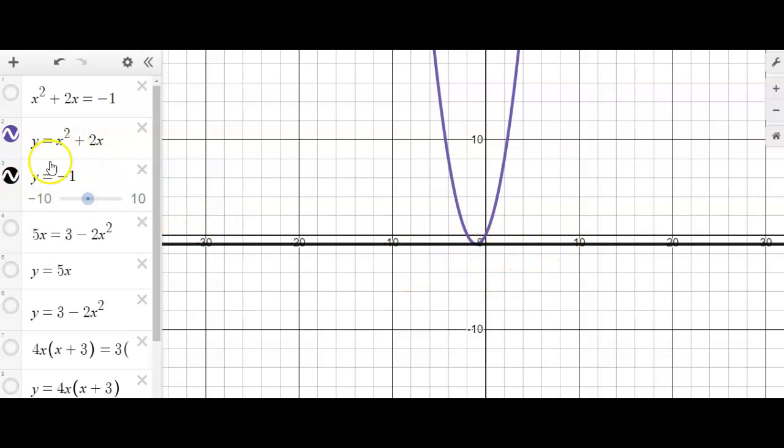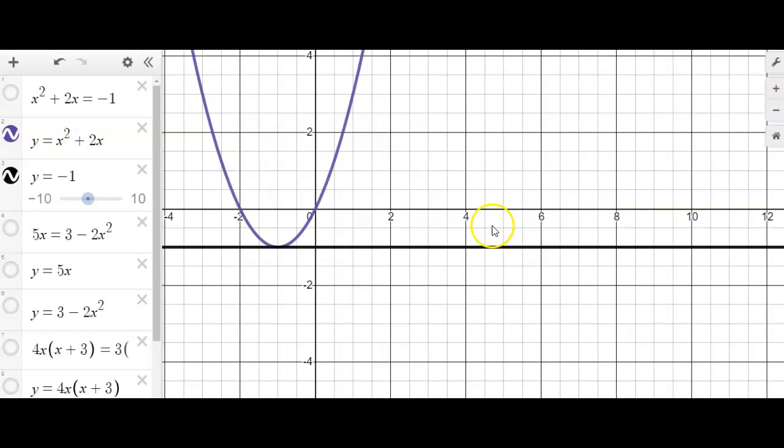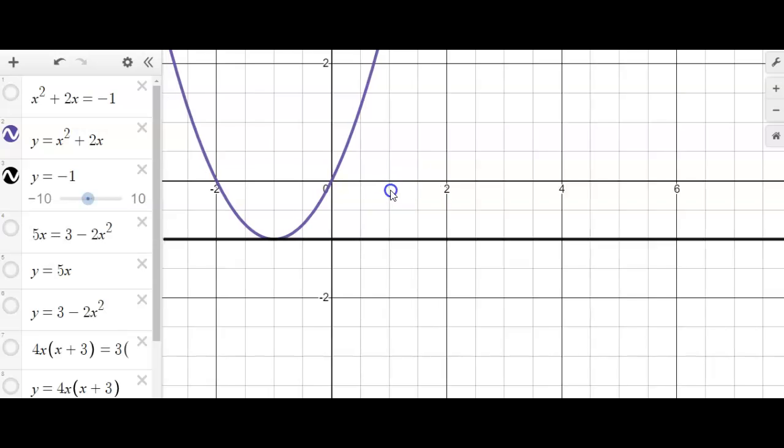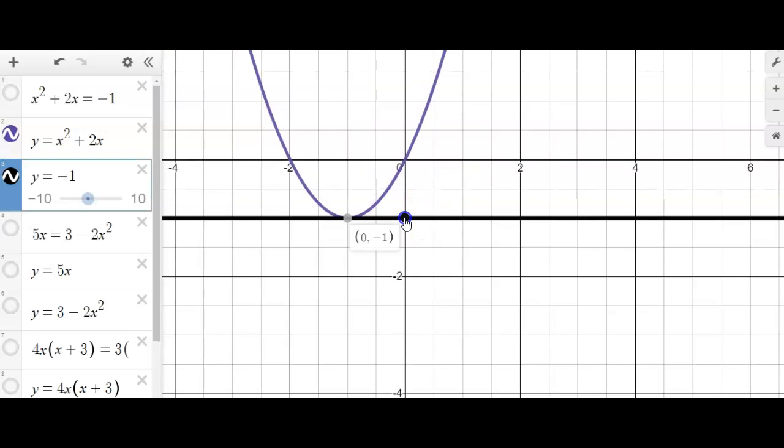So a y equals always gives you a straight line. And it's a horizontal straight line. And it's a straight line at -1. So let's zoom in here a little closer. Let's see that y value here is -1. Straight line. And we're looking for the intersection point. And we focus just on the x value.